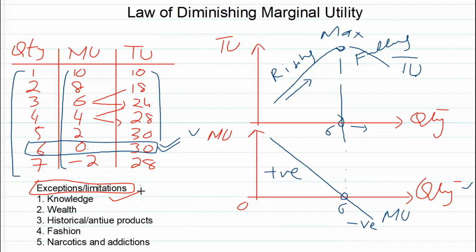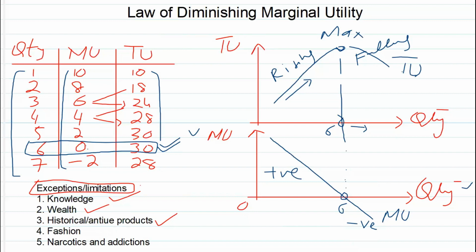Similarly, this law is not applicable in the case of wealth and money, because accumulation of more wealth increases the level of satisfaction of an individual. Some people have the hobby to collect historical and antique products, and they feel more comfortable with every additional unit of a product that is collected by them.